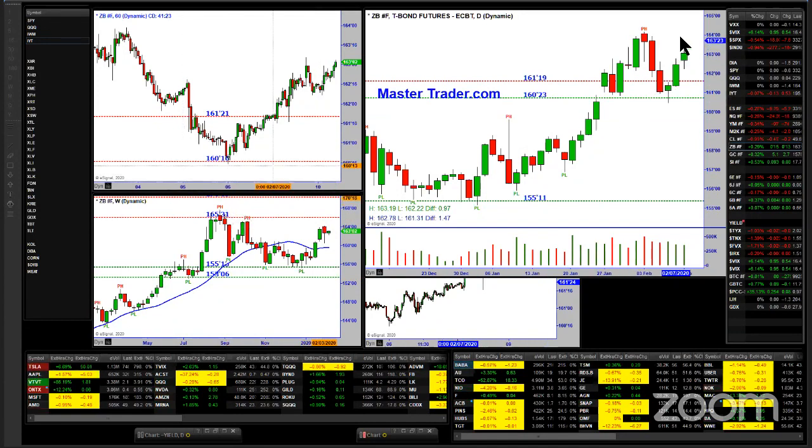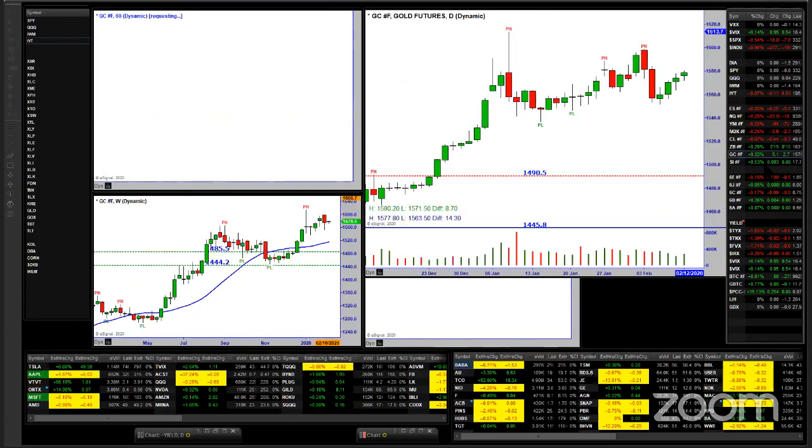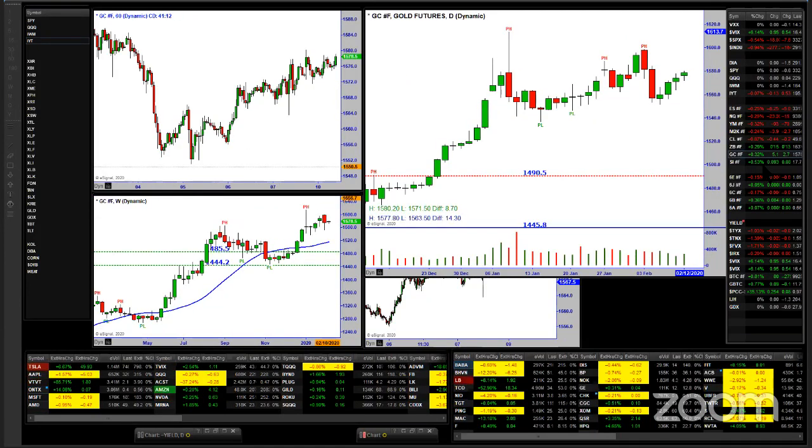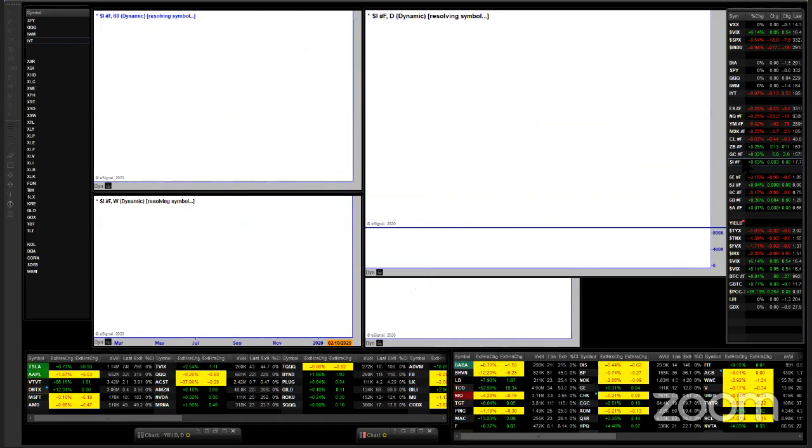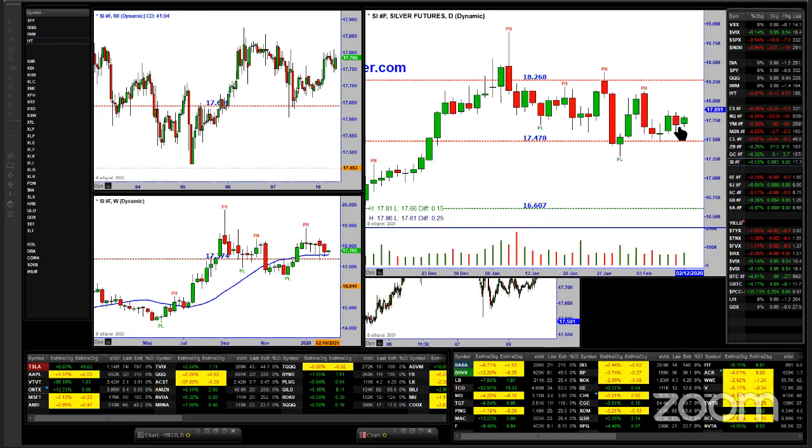So unless this double tops, if it keeps soaring up, that's going to lead me to think that the markets are still going to be under pressure. And of course, gold is showing a little bit of strength because the markets are weak here. Overall, still a bullish pattern on the higher time frames. Silver's rather messy here. Maybe it plays catch up and so on.